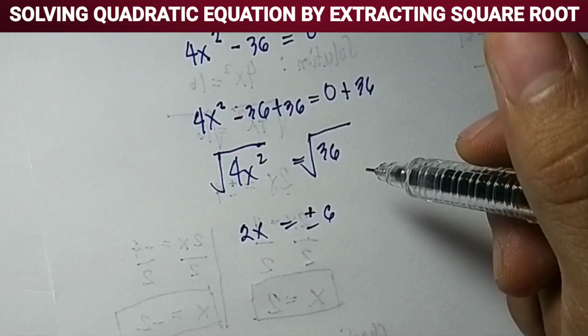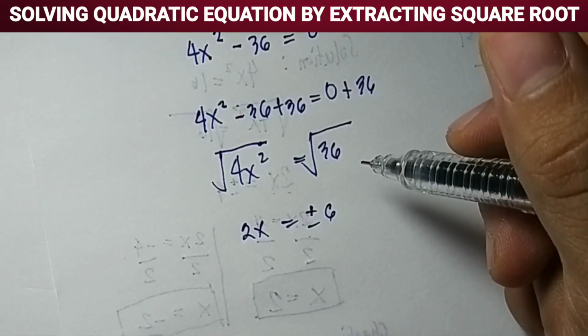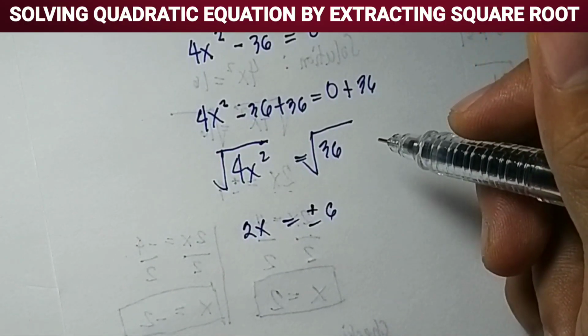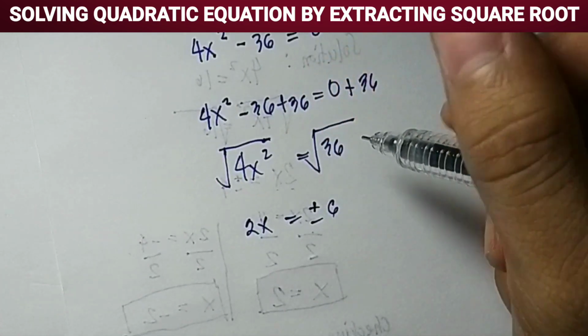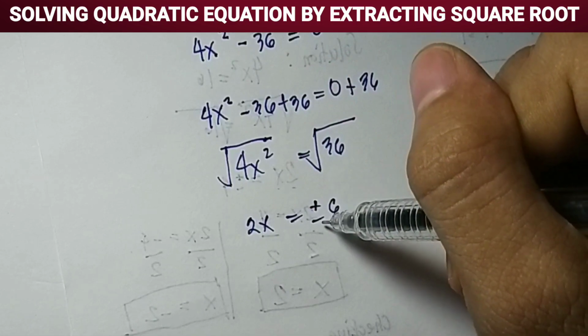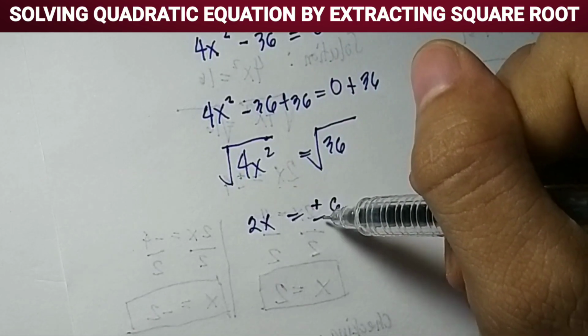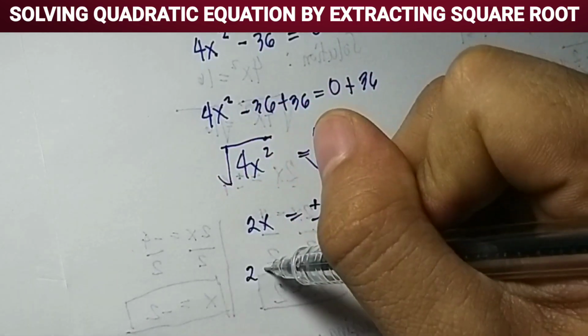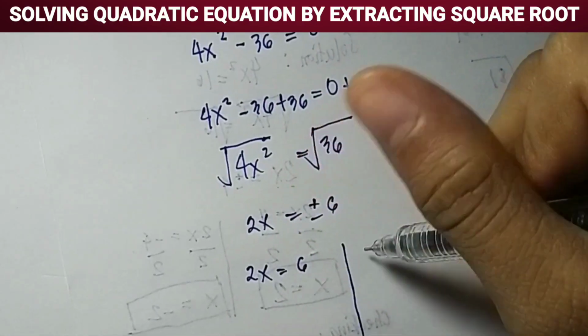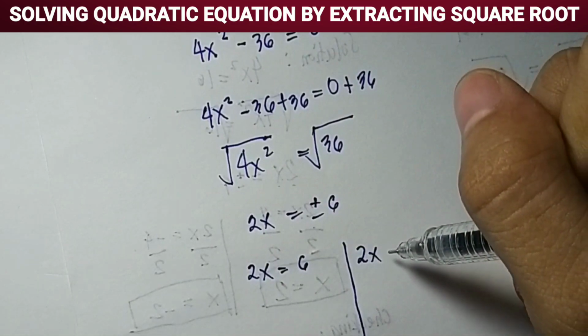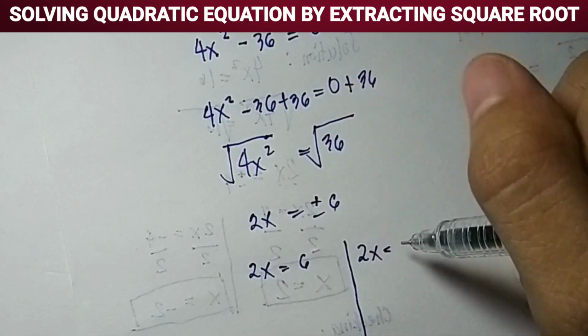Okay. Next, para ma-solve nato ang roots of this equation, di ba, kay duha man atong solution, pwede positive, pwede og negative. So una ta sa positive, 2x equals positive 6. Yang isa, 2x equals negative 6.